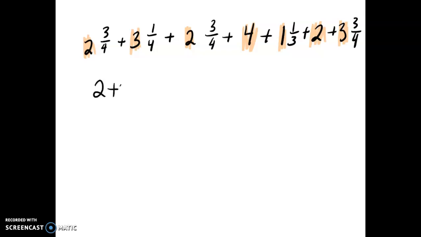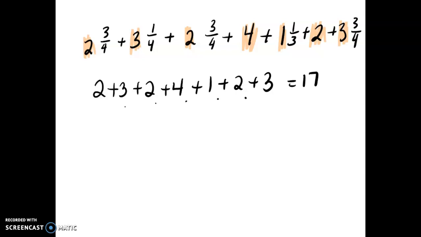So 2 plus 3 plus 2 plus 4 plus 1 plus 2 plus 3. I end up with 5, 7, 11, 12, 14, 17. Now I'm going to add the fractional portions.